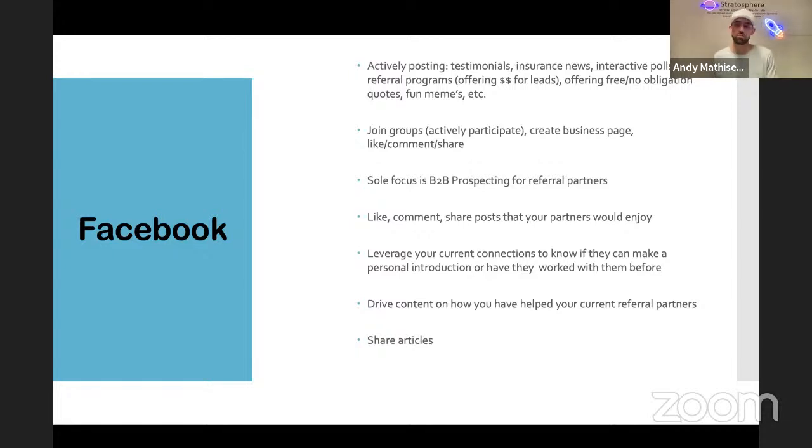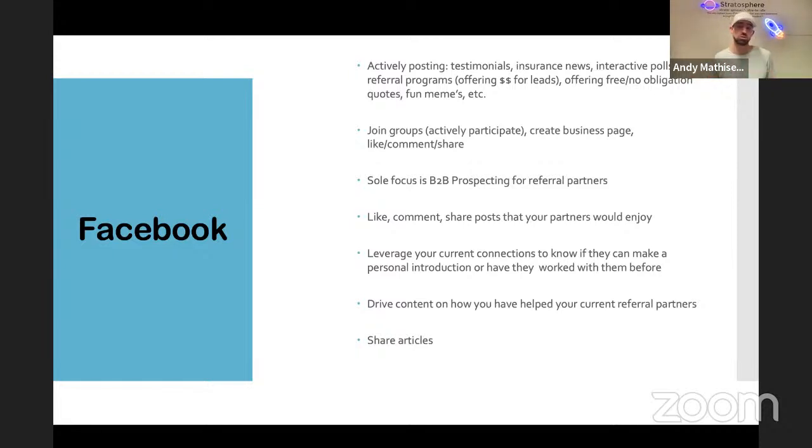And of course, if you don't have a business page, go ahead and do that too for the similar type of content. Really on Facebook, you're not even focusing on B2C. You're looking for referral partners that you can be friends with, and referral partners to me are just friends in the business in other industries.